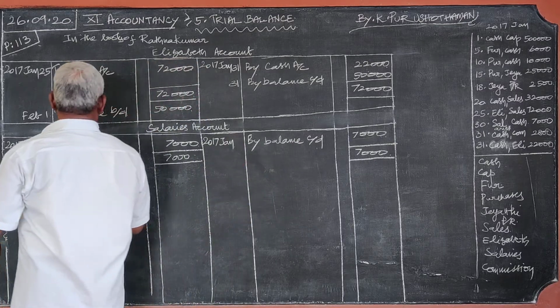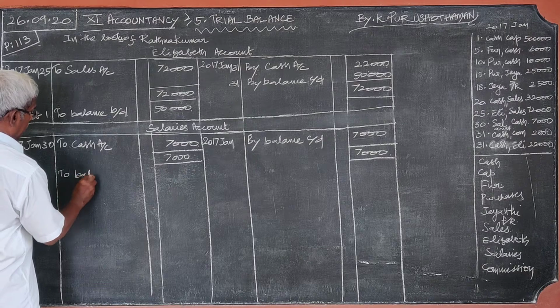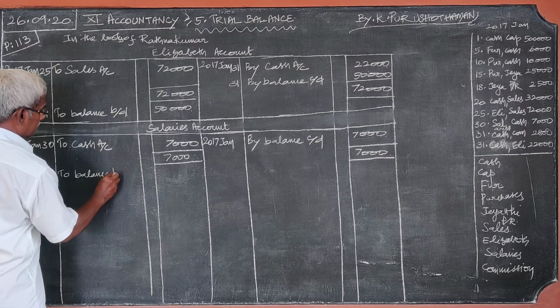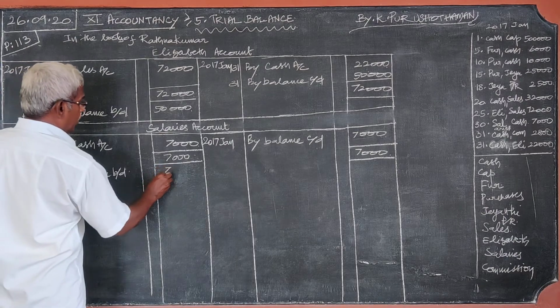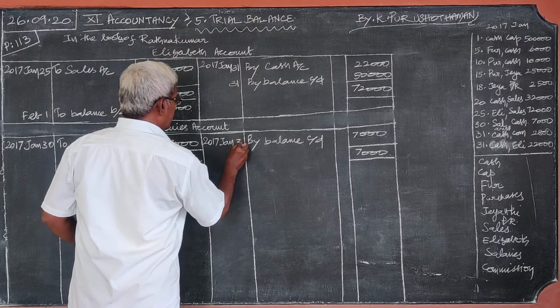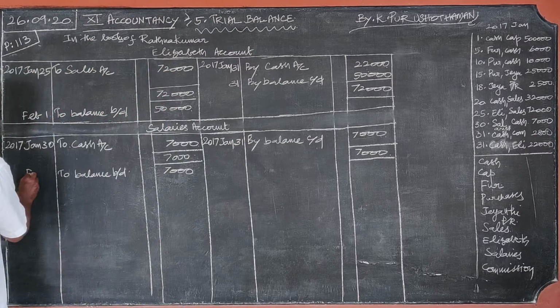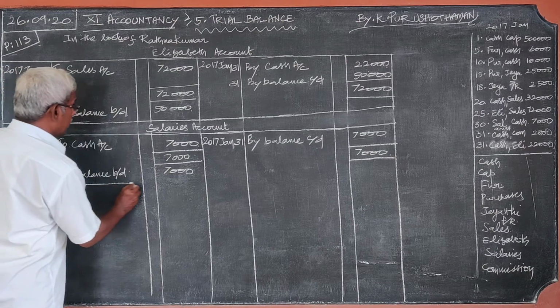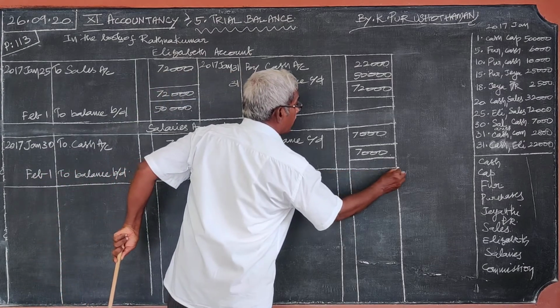The opposite side, to balance brought down. The same carried down amount. For carried down the last date of the month, for brought down next month first date. With this salaries account ledger is over.